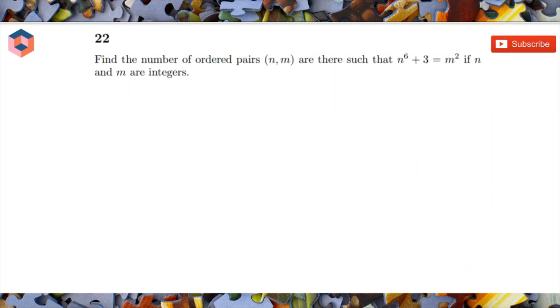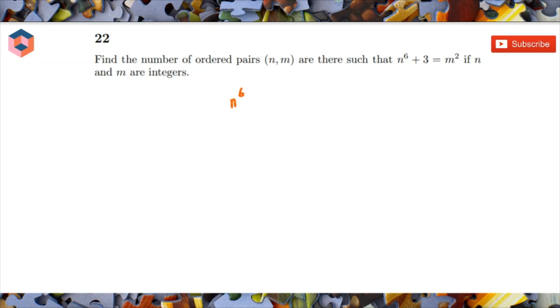Problem number 22. Find the number of ordered pairs (n, m) such that n to the power of 6 plus 3 equals m squared, if n and m are integers. Okay, so for this problem, we can do a bit of rearranging. Let's subtract m squared from both sides.